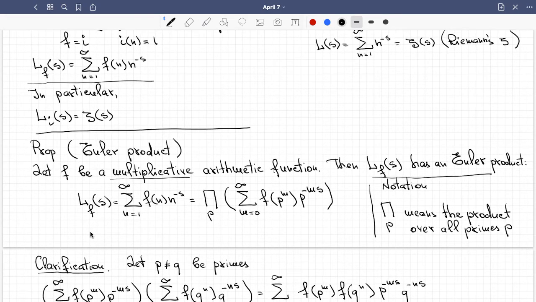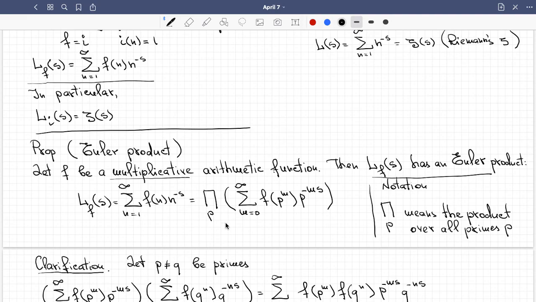We considered so far, and we bound ourselves with multiplicative functions. For multiplicative arithmetic functions, the corresponding L function decomposes into an infinite product over all primes.